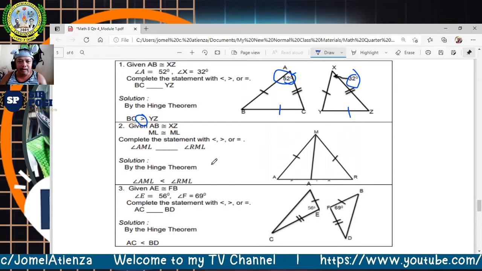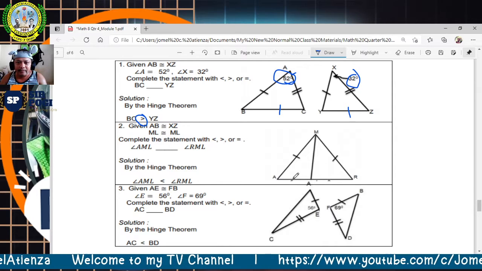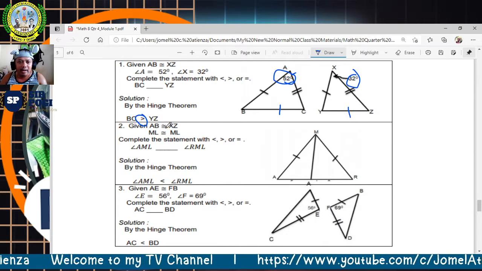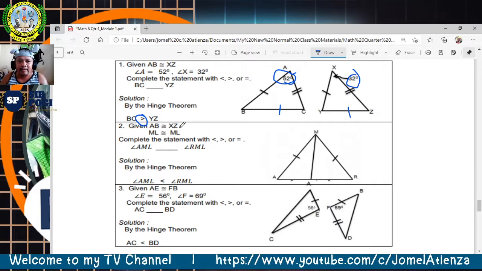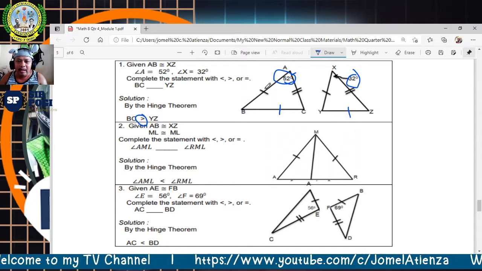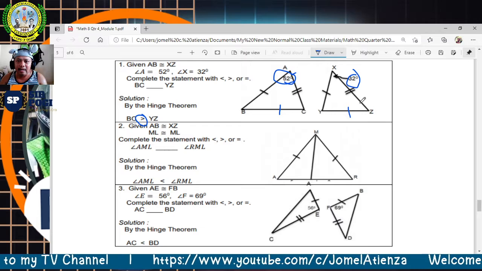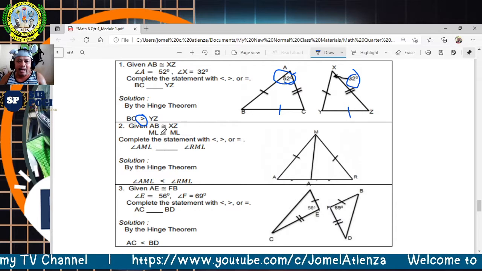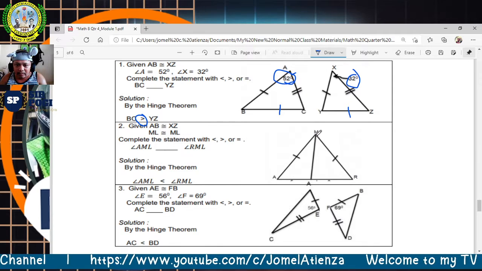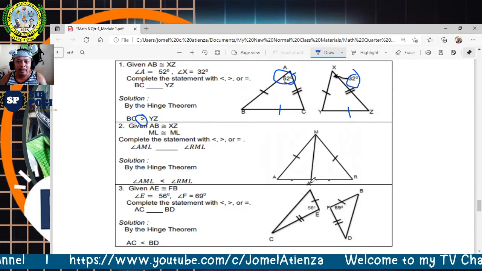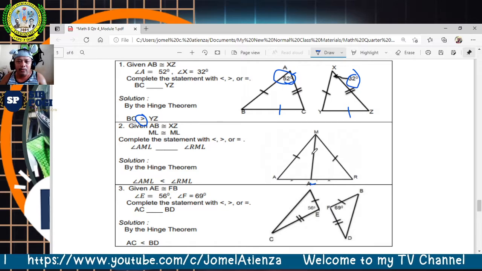Okay? Another one, given AB is congruent to say X, and ML is congruent to ML.